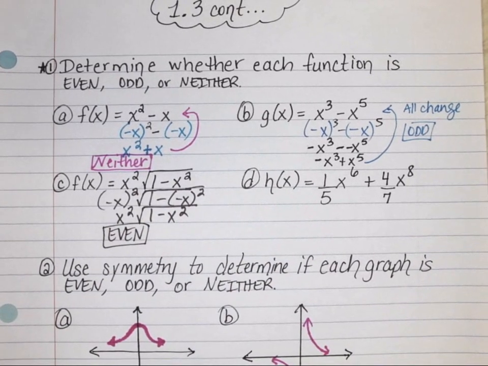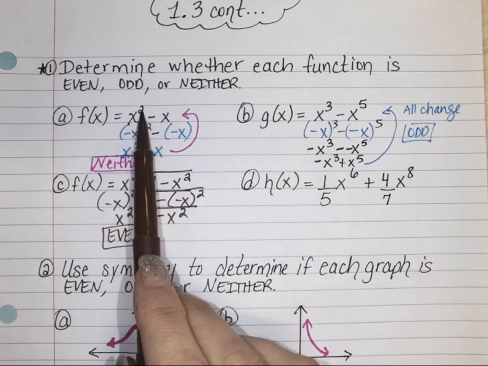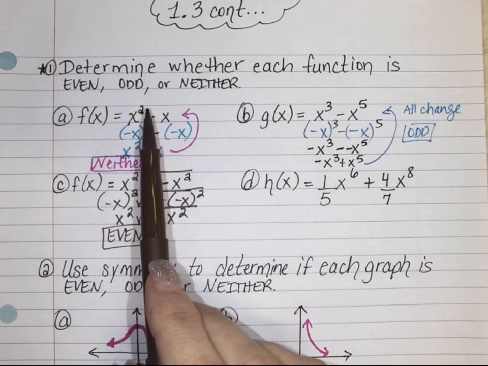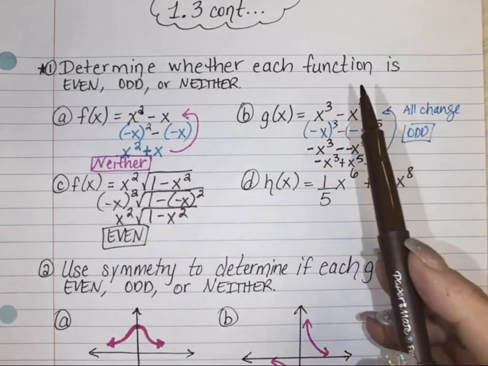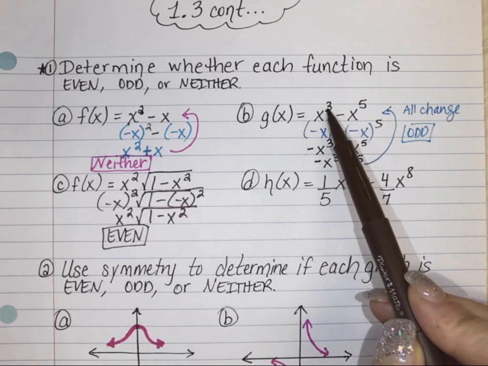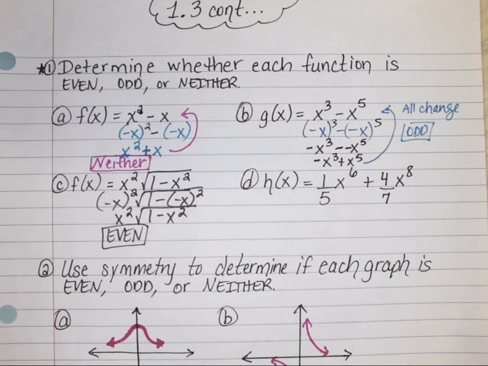So a shortcut for you to do this in your head without having to do much work and easily determine even, odd, neither: look at your exponents. You know that if you raise a negative number to an even exponent, it becomes positive. If you raise a negative to an odd exponent, it becomes negative.